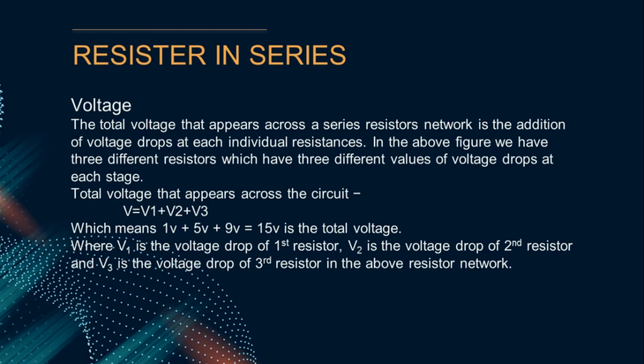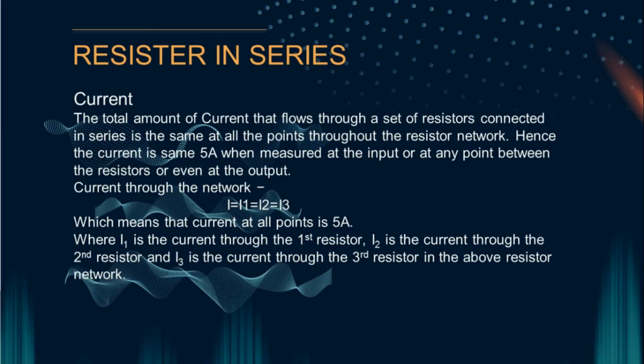Total voltage that appears across the circuit is V equal to V1 plus V2 plus V3, which means 1V plus 5V plus 9V, 15 volts is the total voltage, where V1 is the voltage drop of the first resistor, V2 is the voltage drop of the second resistor and V3 is the voltage drop of the third resistor in the above resistor network.